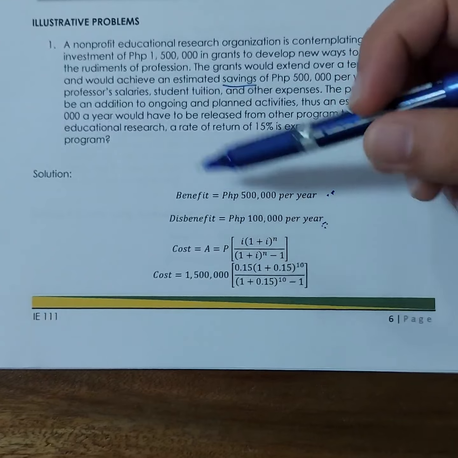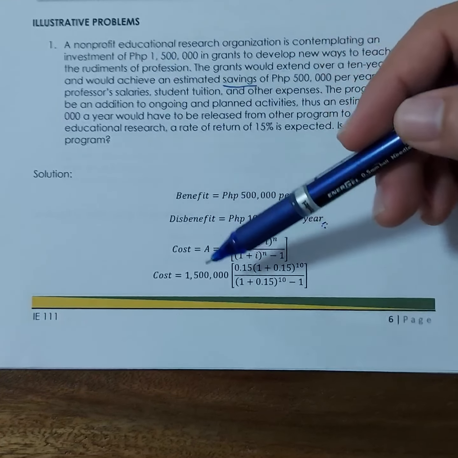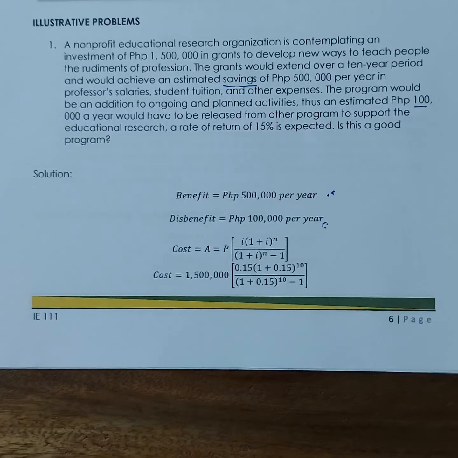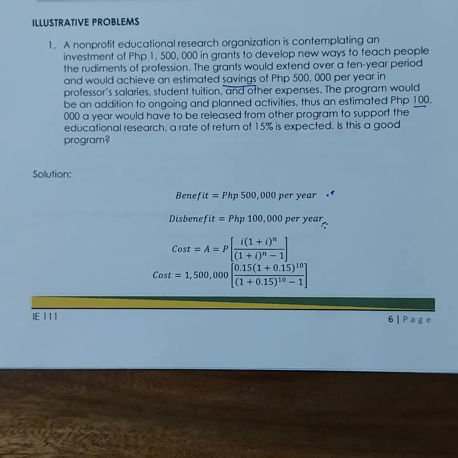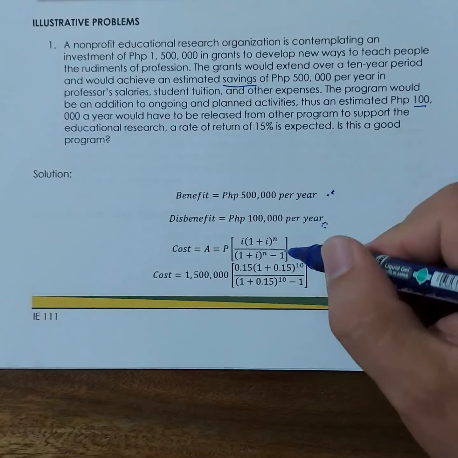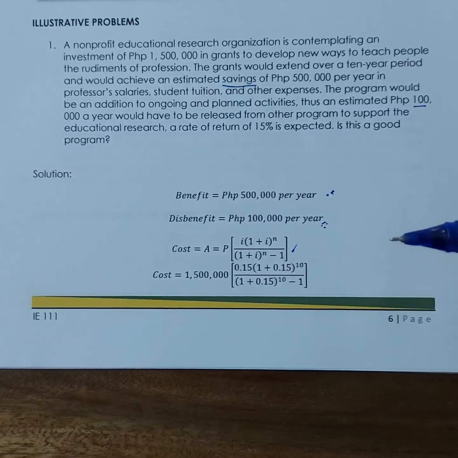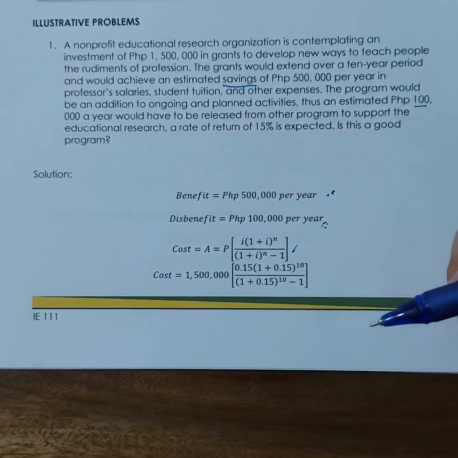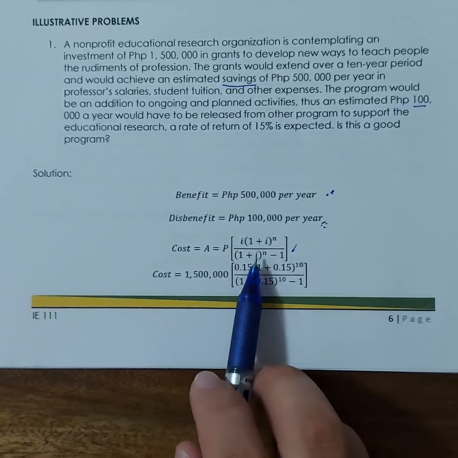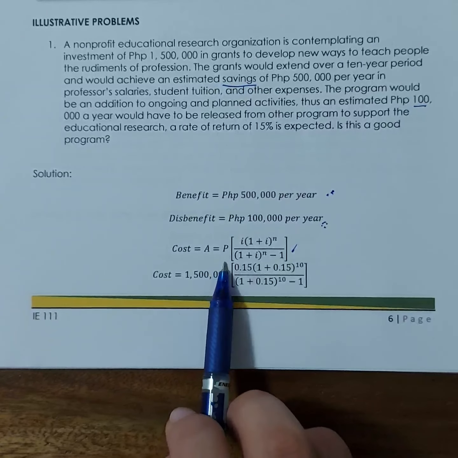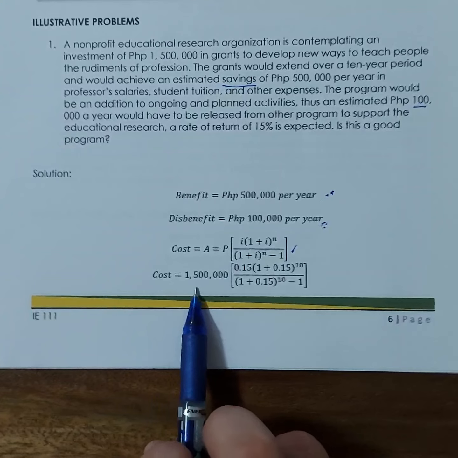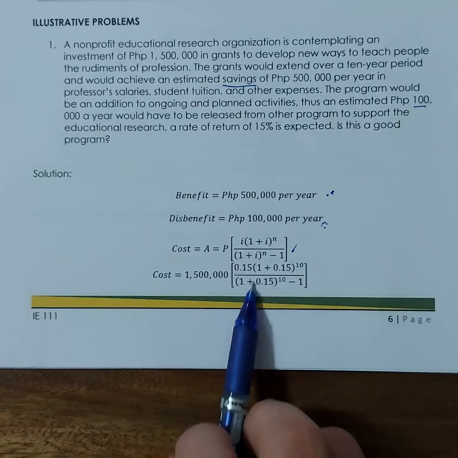So may present cost tayo or present worth, i-convert natin sa annual. Okay? So ang formula natin, so annuity, napag-aralan natin yan before and we have applied it a lot of times already. So, ito yung formula natin to convert yung present worth into an annual worth. That's one.